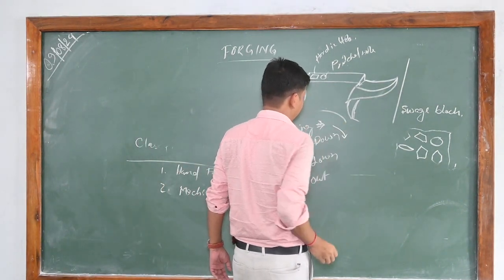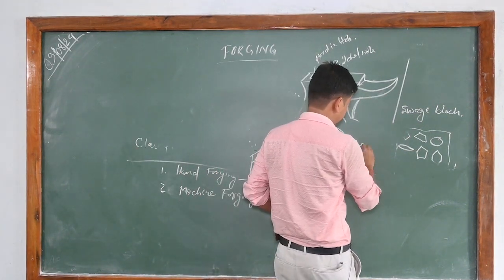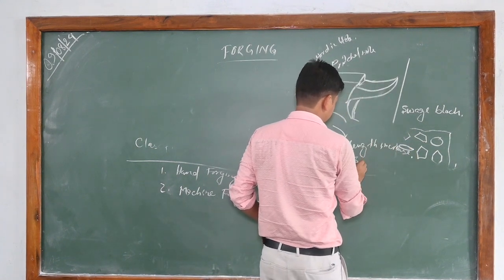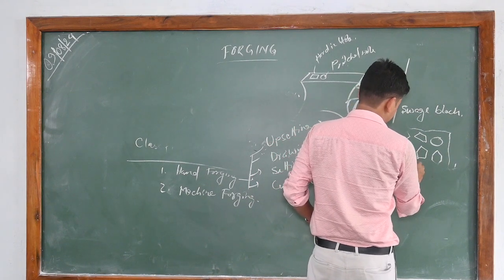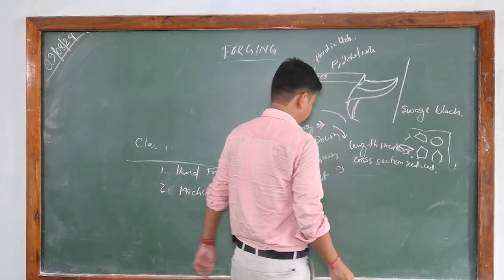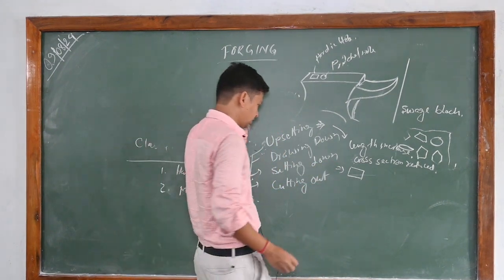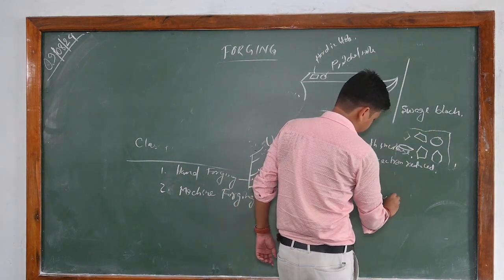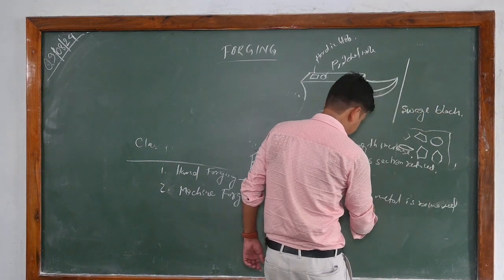Opposite things happen in drawing down: length increases and cross section is reduced. In setting down, we can adjust the metal into the required shape. In cutting out, the excess metal is removed after forging.